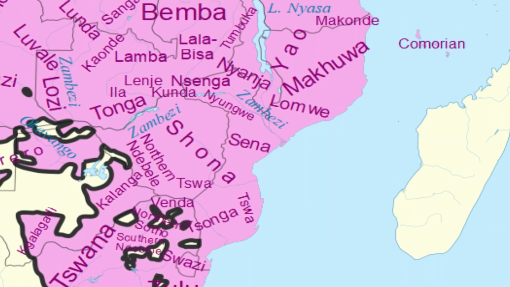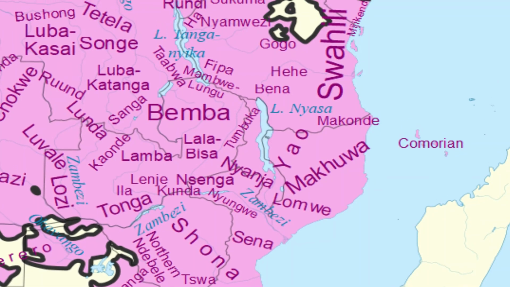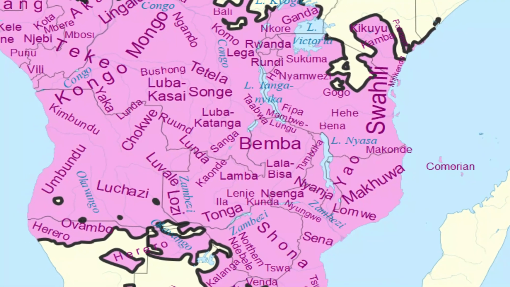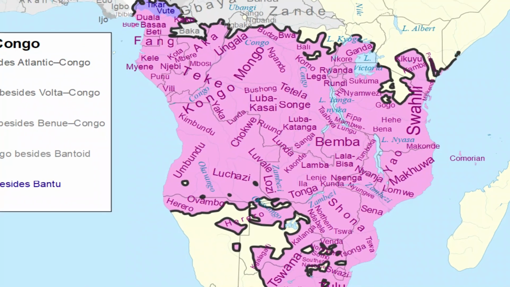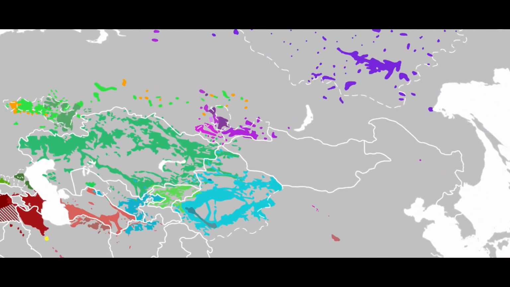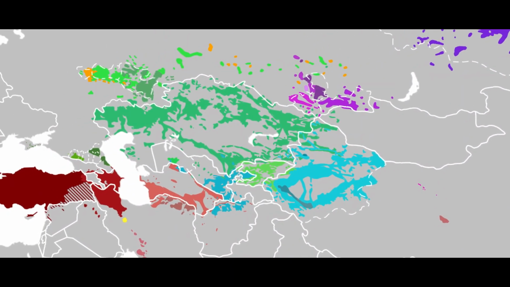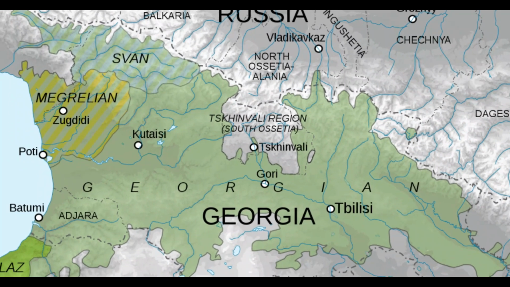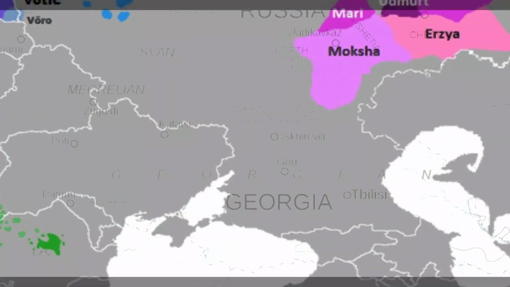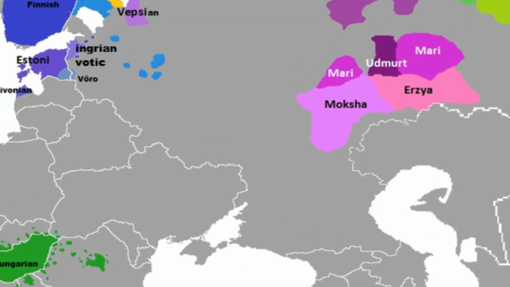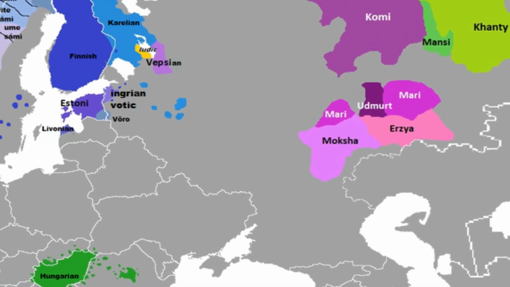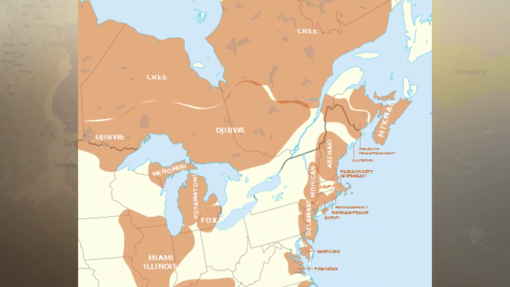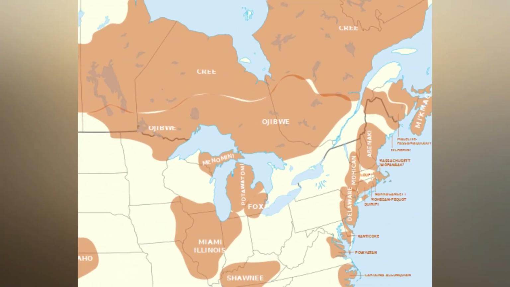The Bantu languages of Africa. The Tungusic and Turkic languages. The Kartvelian languages of the Caucasus. The Finno-Ugric languages. The Algonquin languages of Native America.